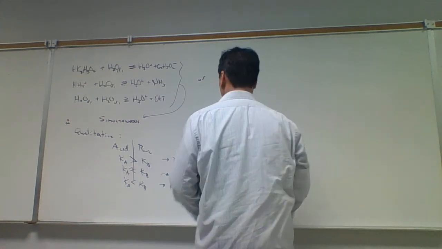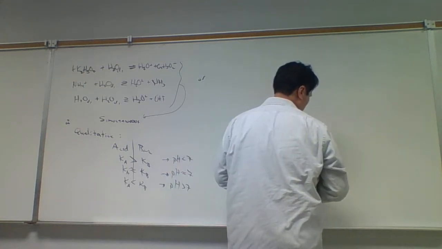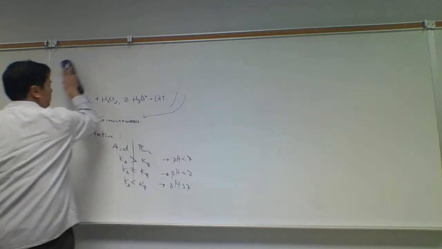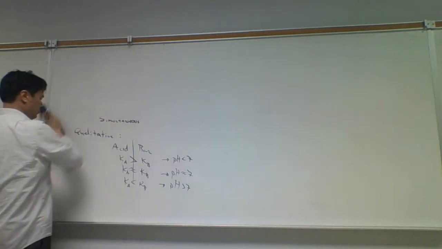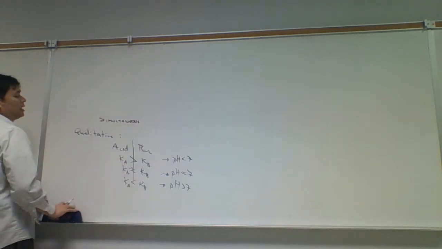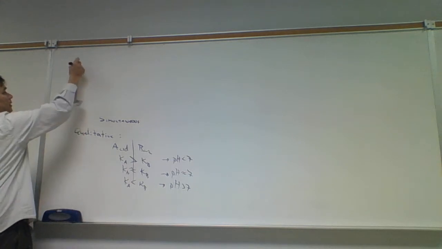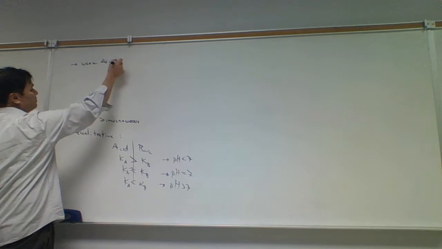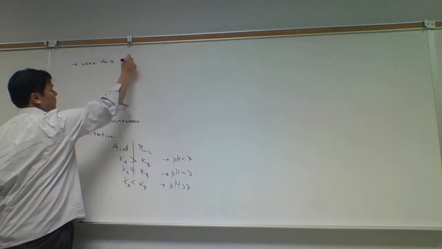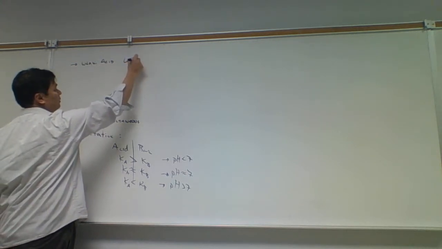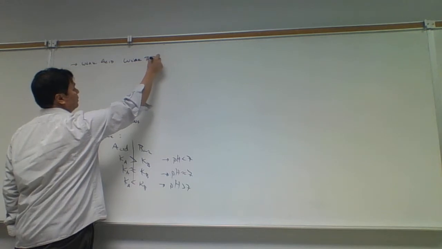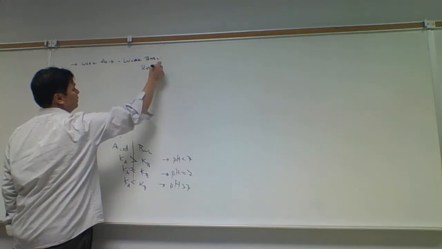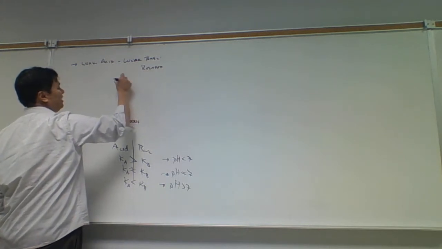All right. What we'll do next is look at a special buffer system in which the acid and the base are related. If the weak acid and the weak base are related, that is, they're conjugates of each other, then it's easy.